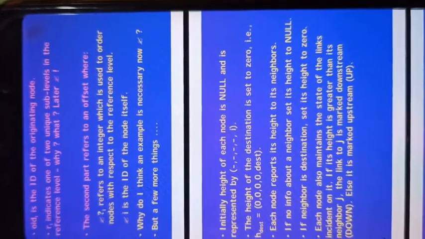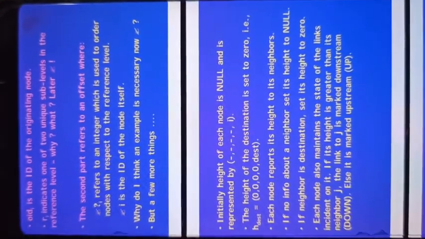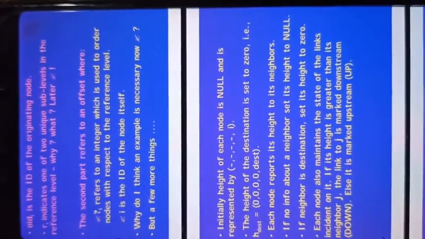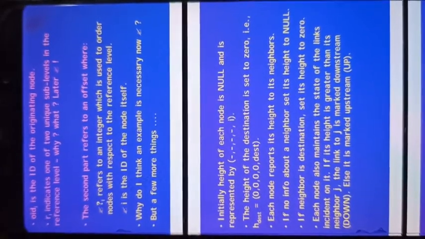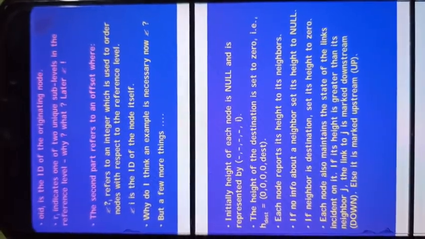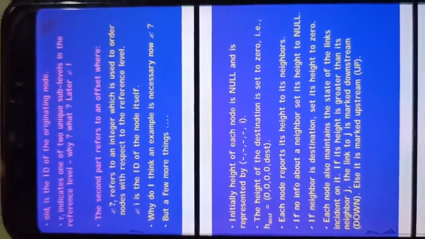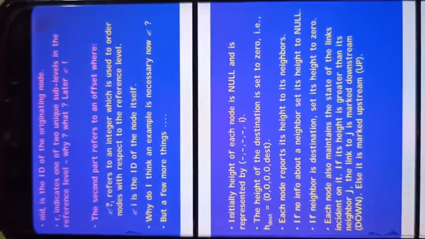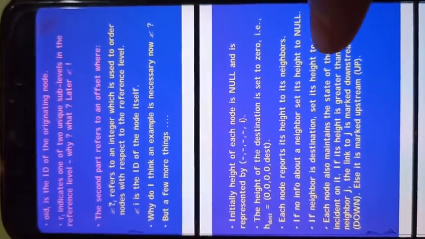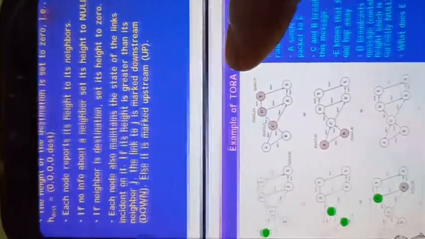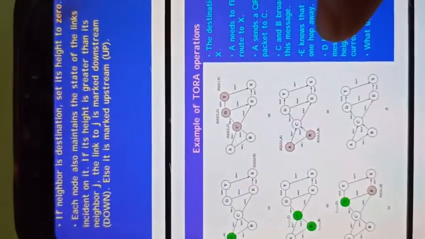If the neighbor is the destination, then set its height to 0. Each node also maintains the state of the links incident on it. If its height is greater than its neighbor J, the link to J is marked downstream, else it is marked upstream.